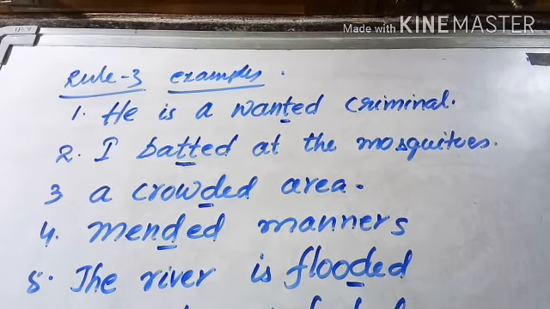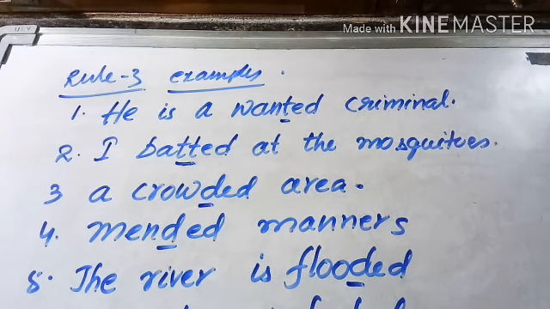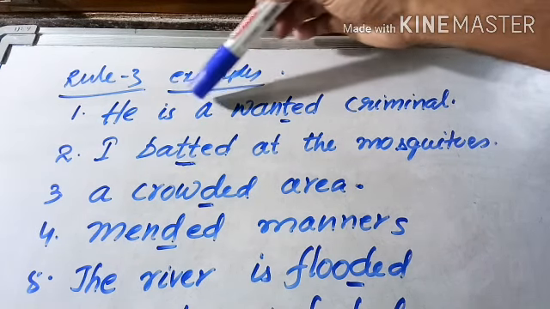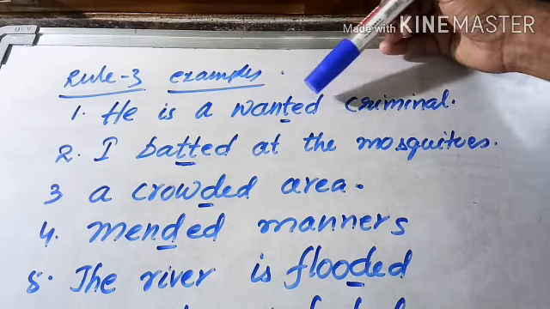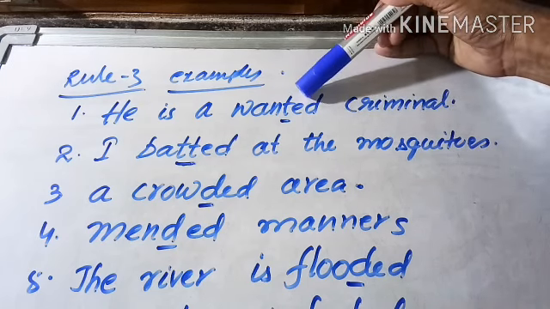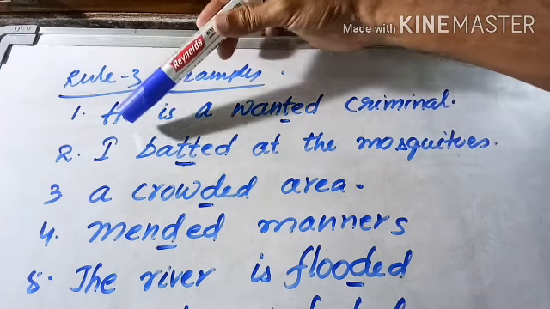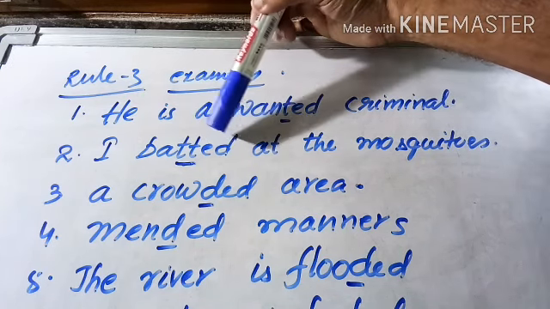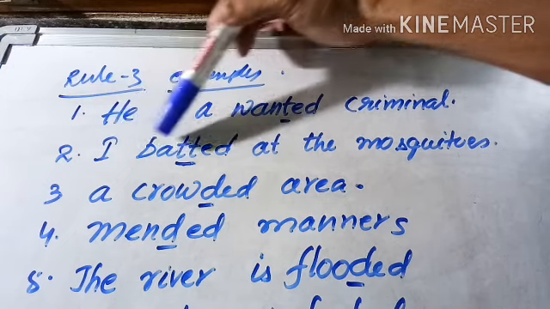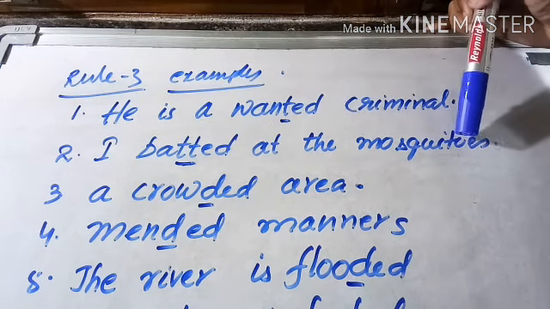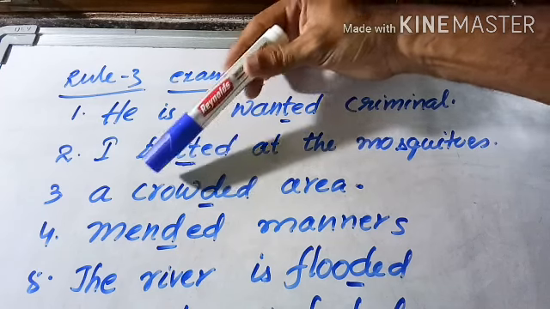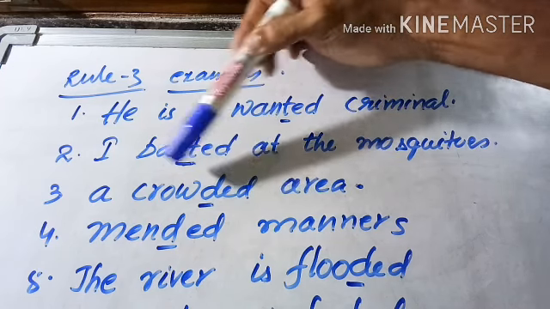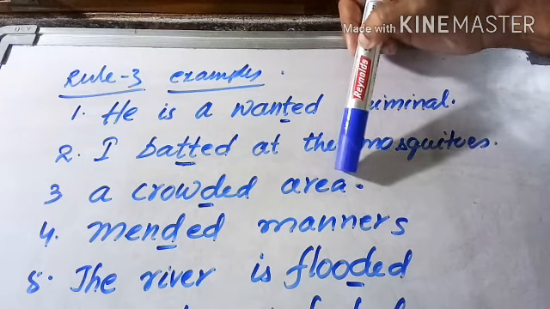Here are some examples for rule 3, the id sound of the ed spelling. He is a wanted criminal. Here ta is there, so ed becomes id. I batted at the mosquitoes. A crowd, here da is there, so ed becomes id. A crowded area.